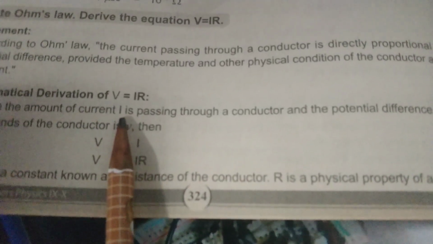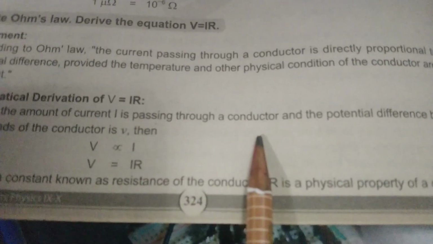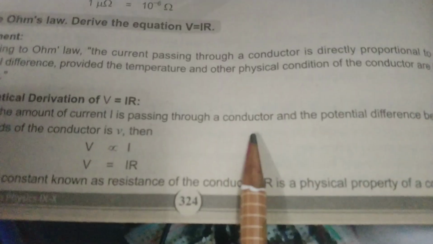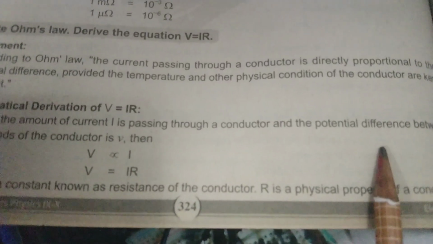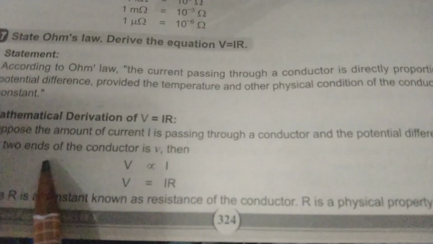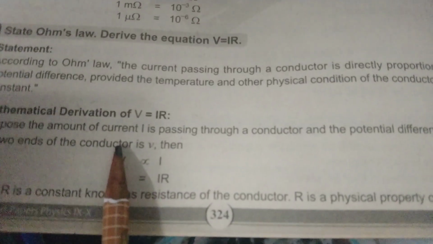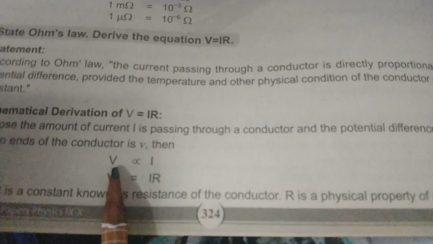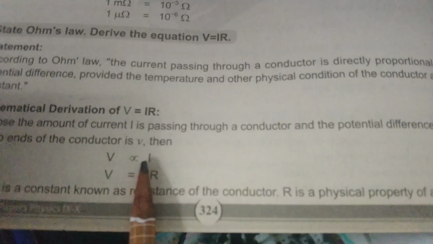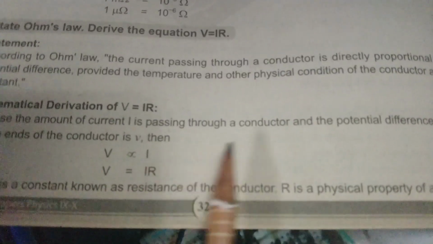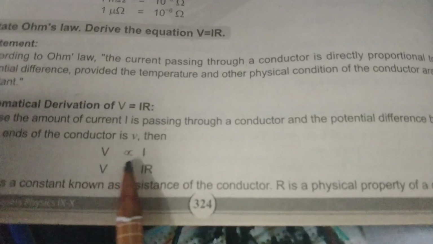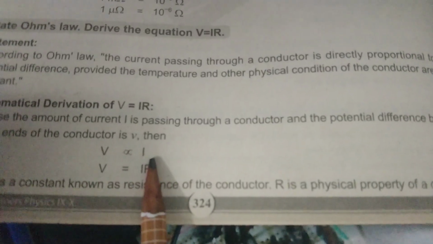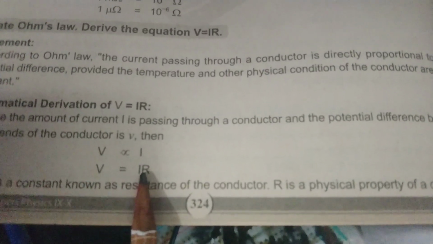The amount of current I is passing through a conductor, and the potential difference between the two ends of the conductor is V. Then V is directly proportional to I, so V is equal to IR.